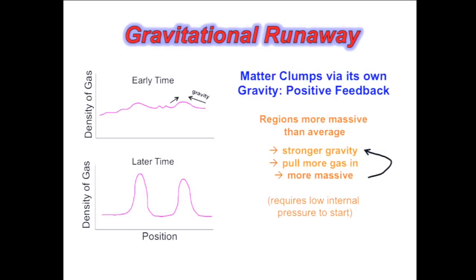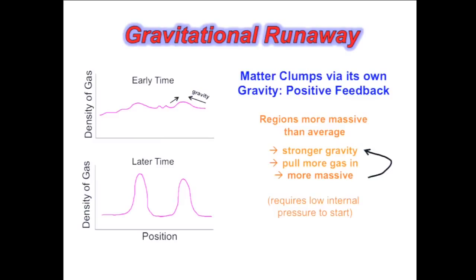And so really, the only condition for this process to get going is that there be a region where there's a little more stuff to start out with, and that seems like it'll always be true. There's differences from place to place.